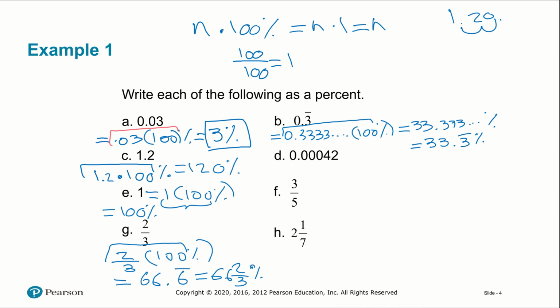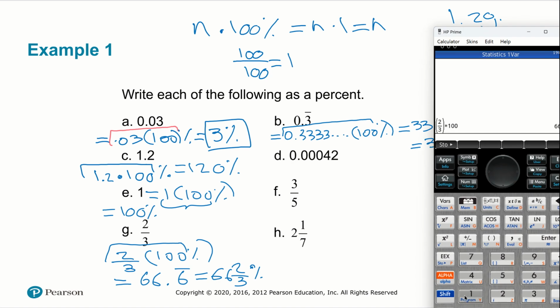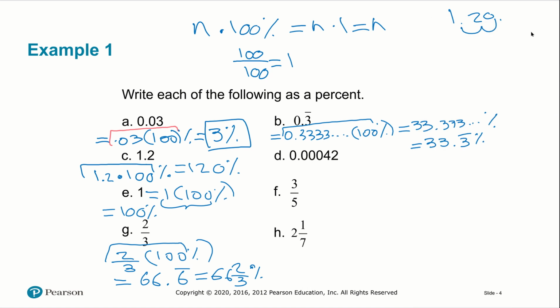Now, if you recall that 0.3 bar is none other than, let me show you, 1/3, right? So you can also write it as 33 1/3%, like so.